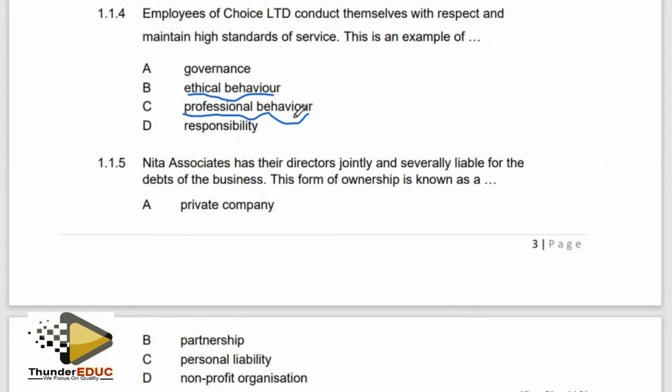Whereas professional behaviors are behaviors which are acceptable in the workplace. They include the way we conduct ourselves, obeying the rules and regulations of the company, the code of conduct, the dress code, and automatically this is respecting employees, timely services, and this is exactly what the examiner wanted. This is exactly what the examiner wanted, and that is the exact answer.